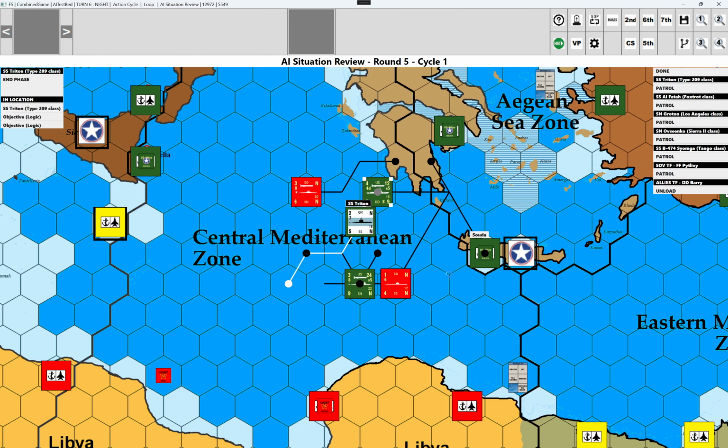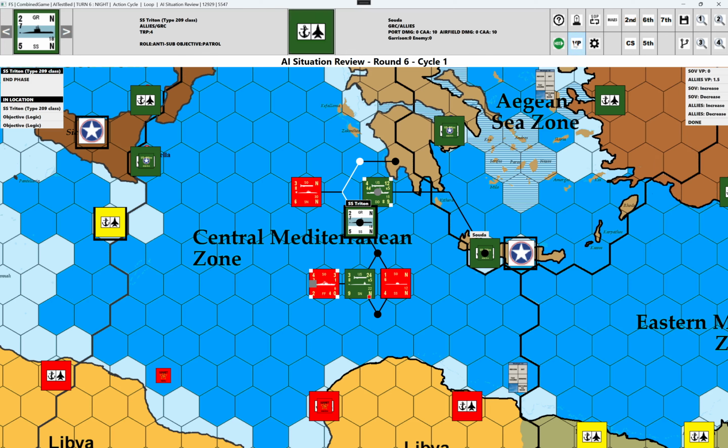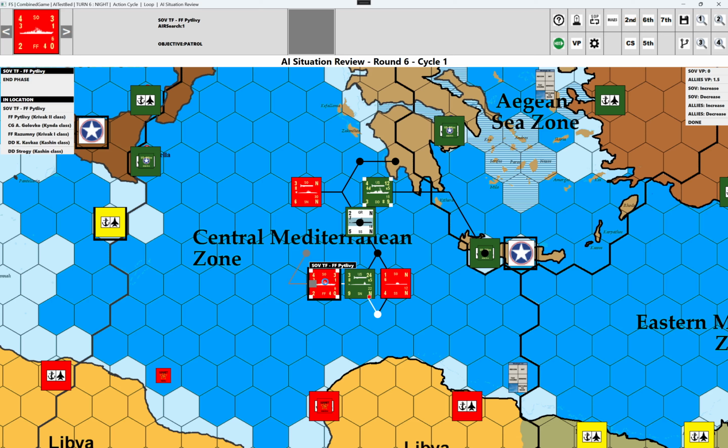Now, because of the damaged ship, the Americans have gained VP. So I basically award VP at the moment something gets hit. If I show you VP here, it should show Allies got 1.5 points of VP, which is half the value of whatever ship we hit. Let's see, which one is damaged? This guy, the Strogi.